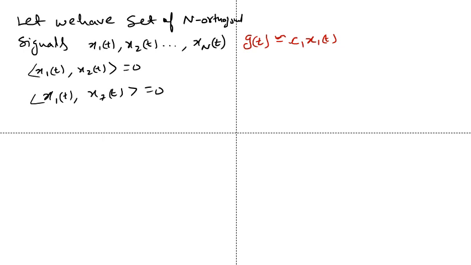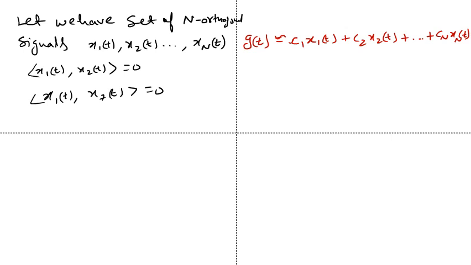In the same way, a three-dimensional vector can be represented using three orthogonal vectors. Similarly, you can represent a signal in terms of orthogonal signals. So I'm trying to represent the signal g(t) in terms of n orthogonal signals.